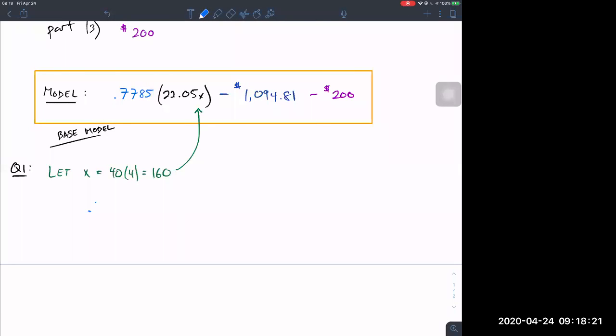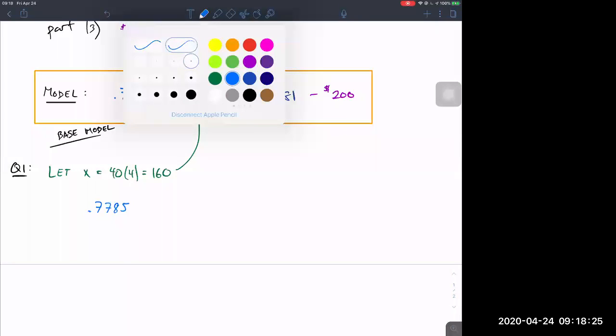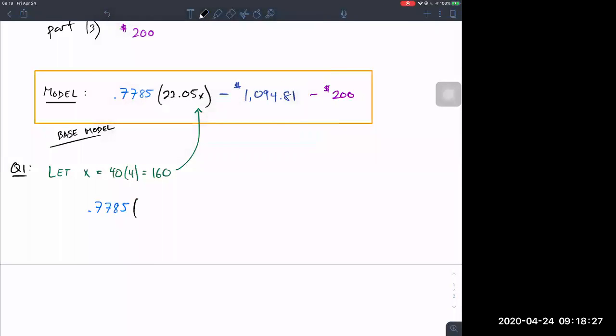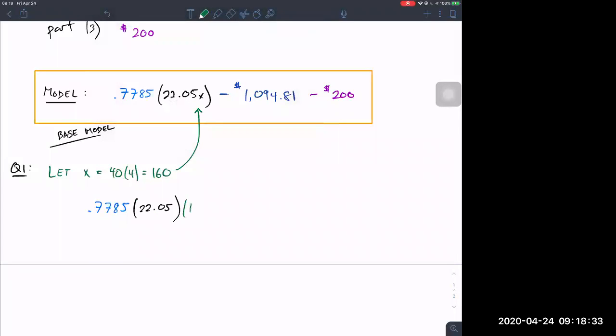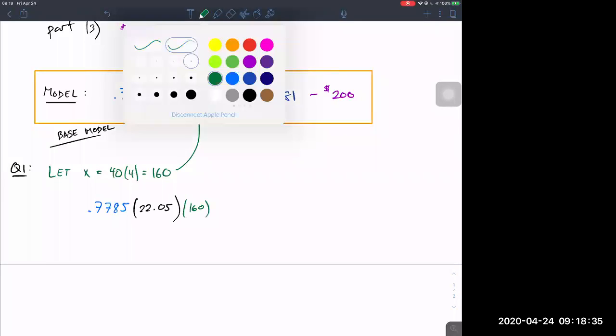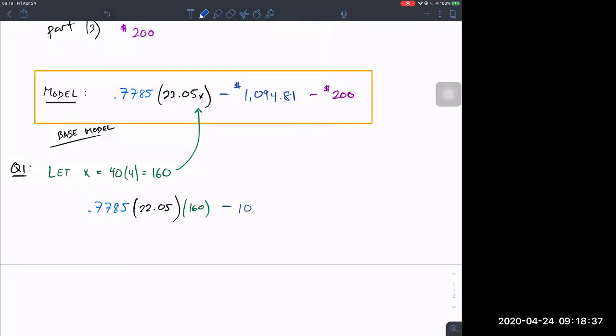So again, this type is a calculating follow-up question because you're simply taking your model, whatever it is, and you're plugging in numbers to get some kind of result. 0.7785 times 10.94 times 160 minus the rent plus 200.